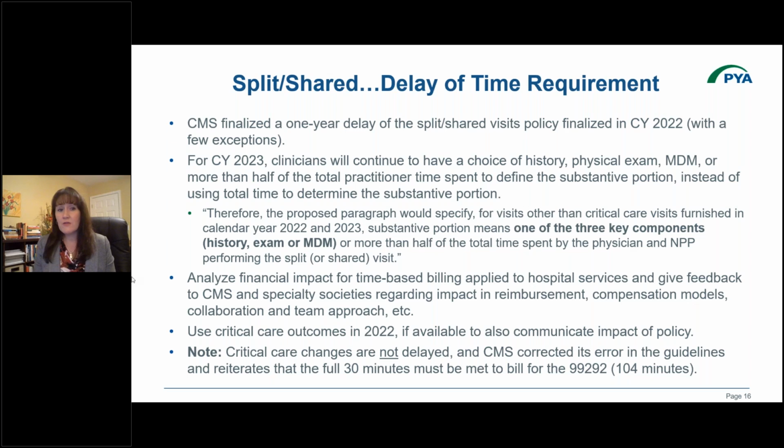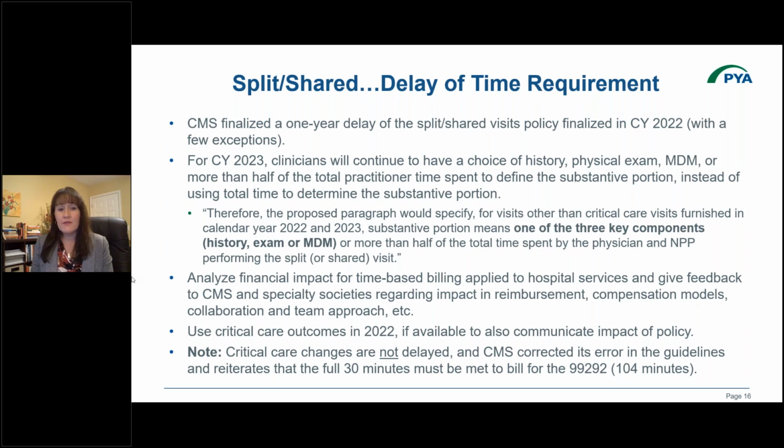Because if you look specifically at just the summary that's provided by CMS, all you will see is that the substantive portion of the visit, in order to meet the split shared visit requirements and to bill under the physician, is that the physician meets or provides one of the three key components: history, exam, or medical decision making, or more than half the time spent by the physician or NPP performing the split or shared visit.